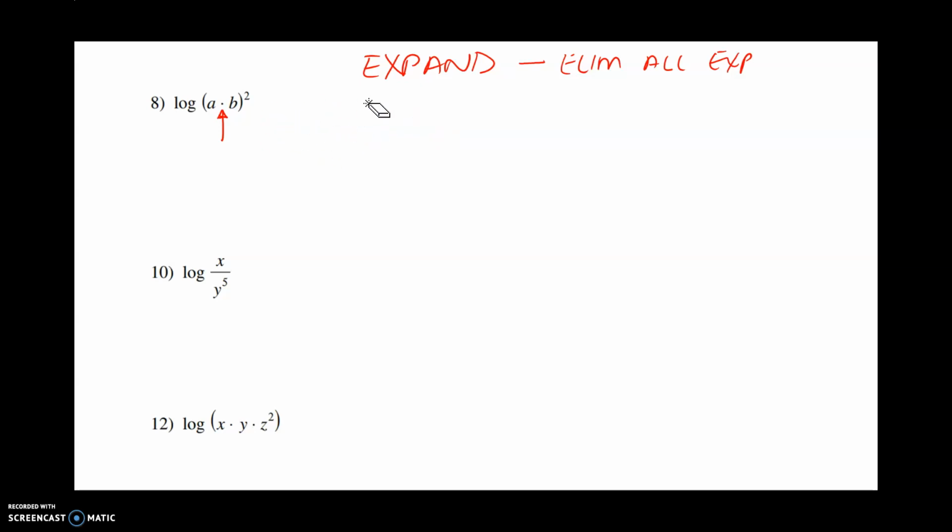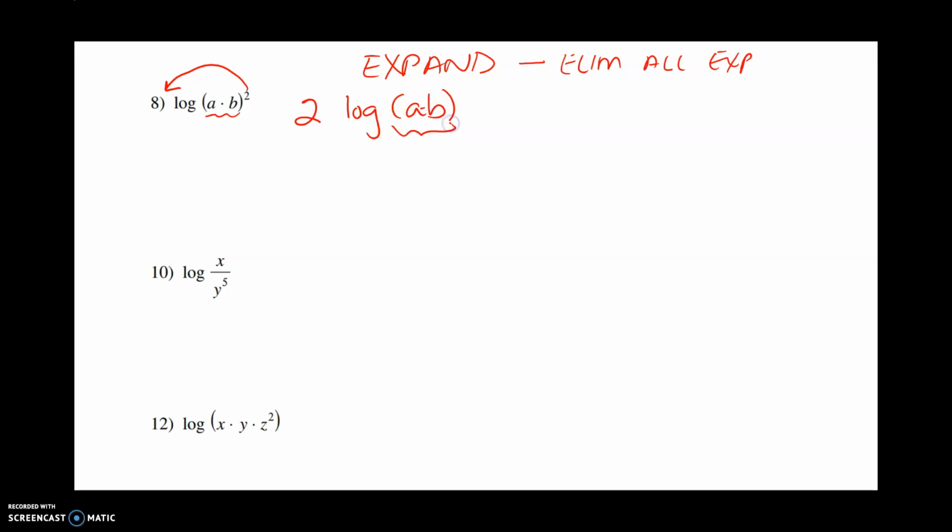I was thinking the square was on the B, but the square is on both of these, isn't it? So in order to expand it, I need to use that power property, and I'm going to bring this down in front. So it's 2 log of A times B.